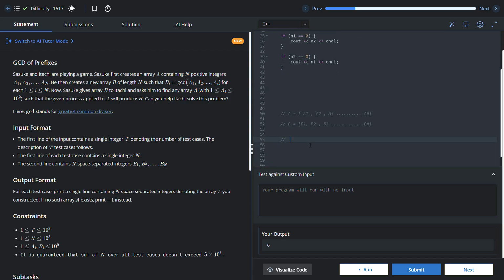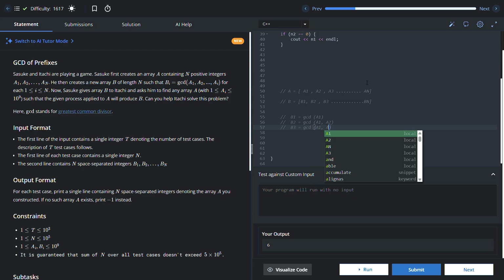The twist is that b1 is calculated like a1. Now how will b2 be calculated? GCD of a1 comma a2. Now what about b3? b3 will be calculated like GCD of a1 comma a2 comma a3.